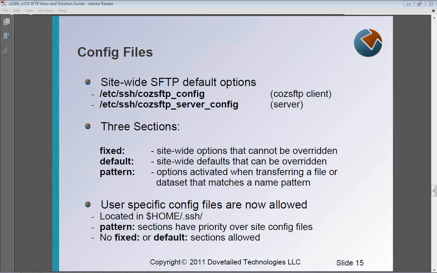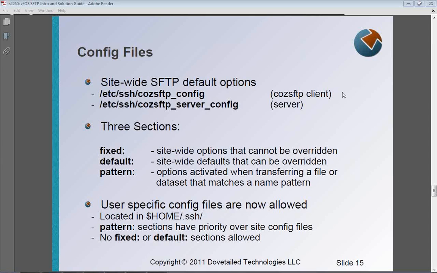But by way of review, let's look at these three sections or stanzas that can appear in those site-wide files. The fixed section is a set of options that you want, as a site, to be in force for every single session, and you want to make sure that those options are not overridden by any individual user.